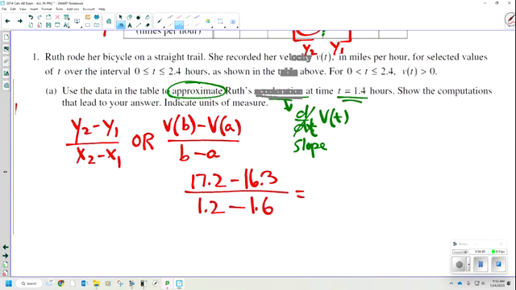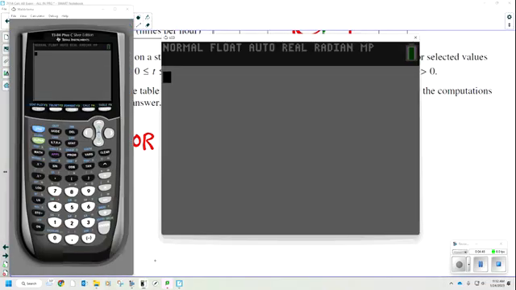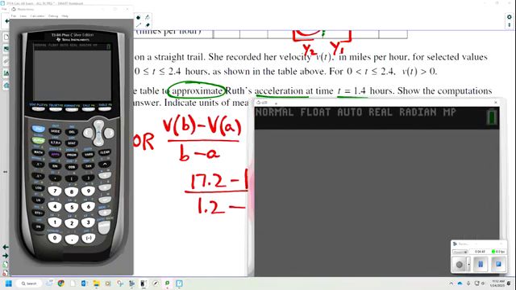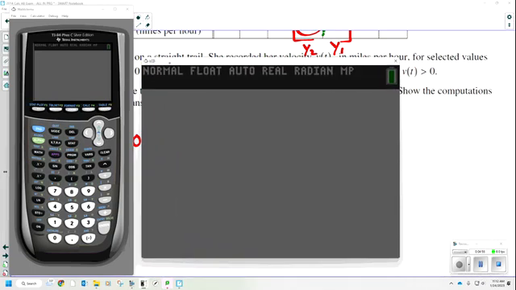Now, you might say to yourself, I have the calculator, Visca, why am I even writing this on my paper? Because it specifically tells me, in the top right, show your computations right above the calculator screen. You need to show how you got it.